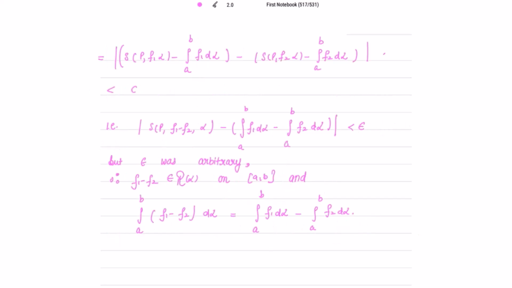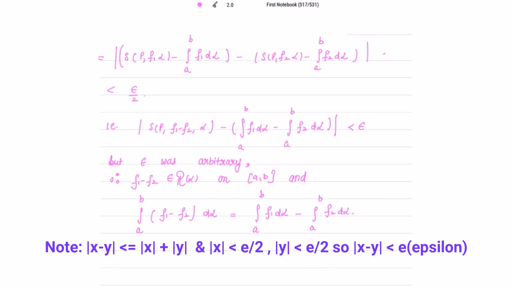This modulus is less than epsilon by 2, and this modulus is less than epsilon by 2. If you separate this, the modulus of the difference is at most the modulus of this plus the modulus of this, which is less than epsilon by 2 plus epsilon by 2, which is equal to epsilon, using star. Is it clear? All right.